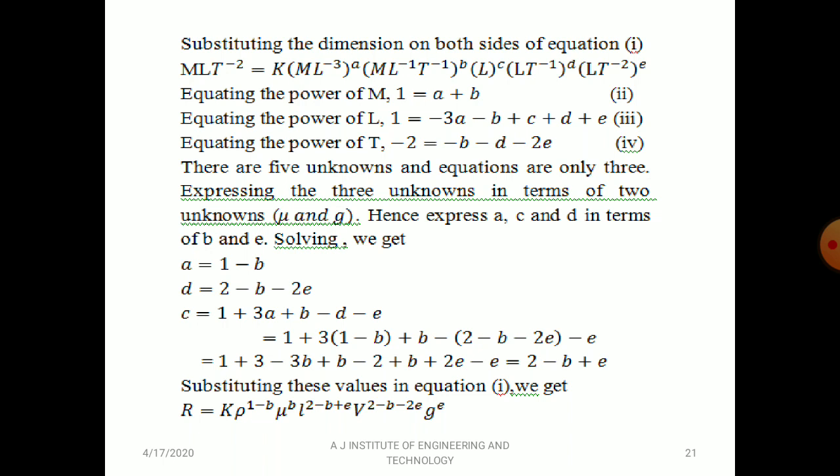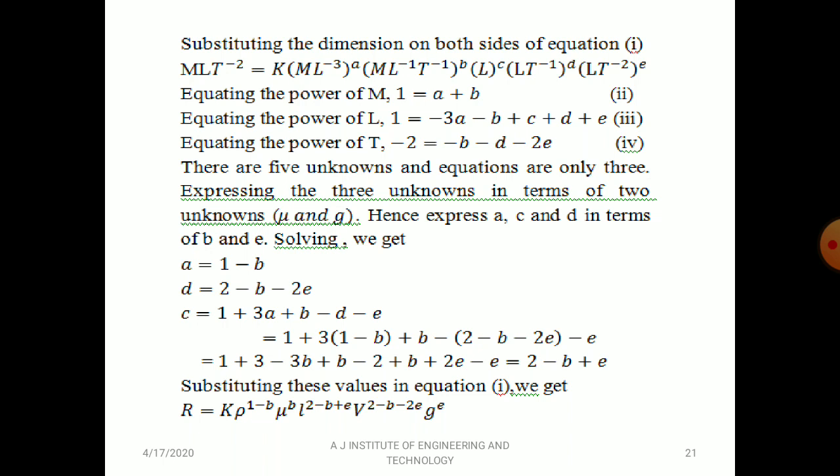So I get 1 equal to minus 3a minus b plus c plus d plus e. Take it as expression 3. Next, equating the power of T. On the left hand side we have T to the power minus 2, on the right hand side T to the power minus b, T to the power minus d and T to the power minus 2e. So I get minus 2 equal to minus b minus d minus 2e.